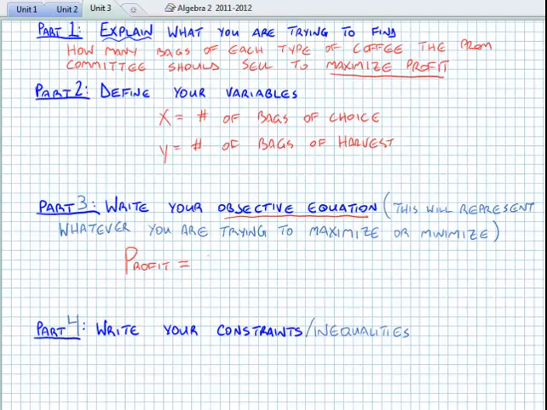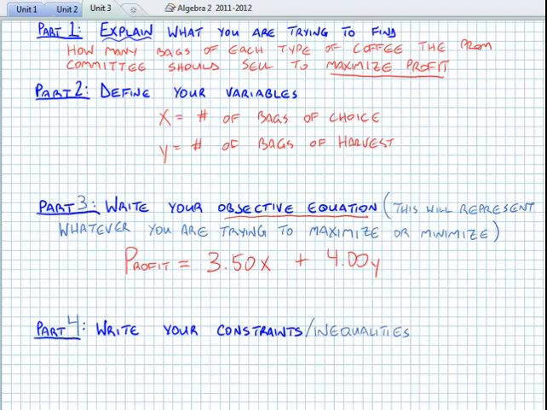So a good equation for that would be $3.50 times X, the number of Choice bags, plus $4 times Y, because that's the number of Harvest bags we sell, times the profit we get for each bag that we sell. So this equation represents profit for us in this situation.